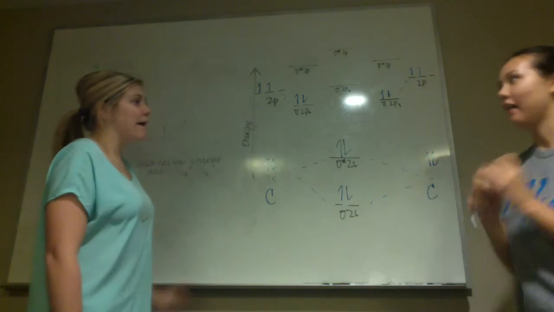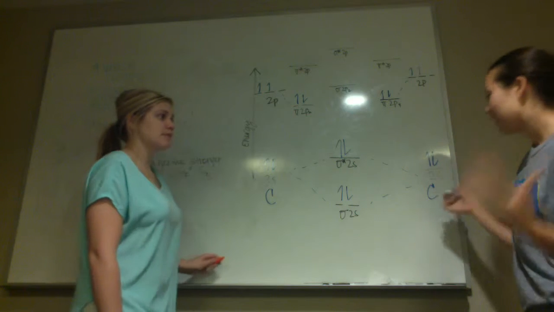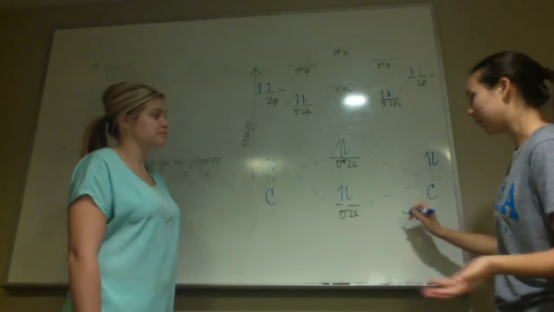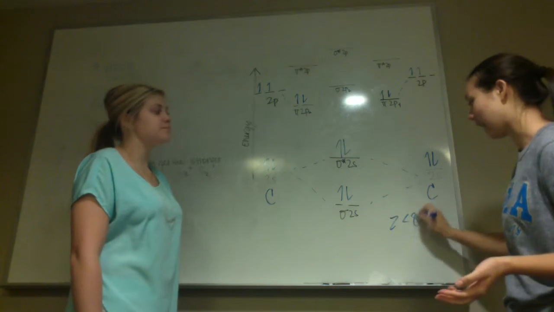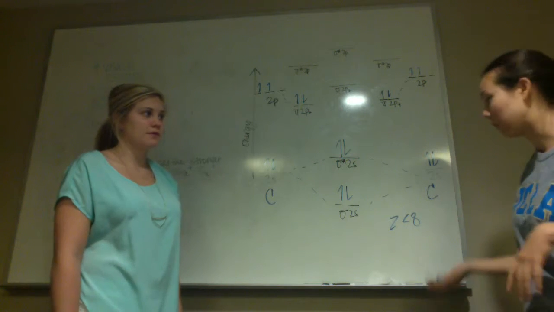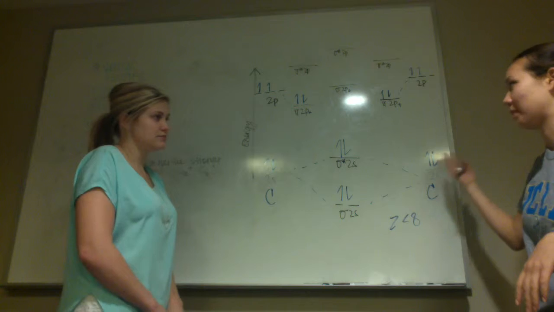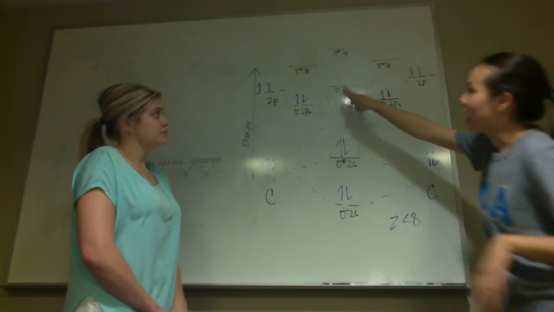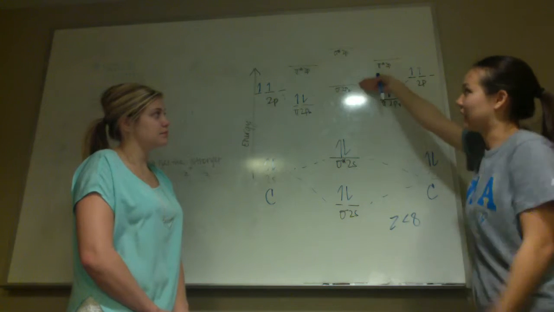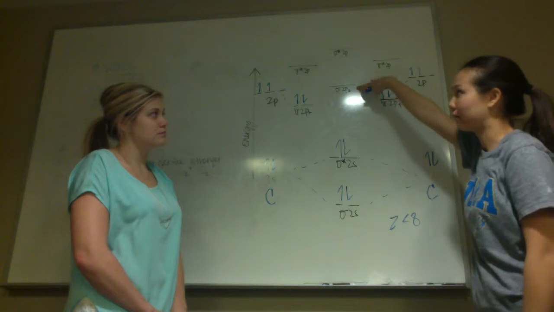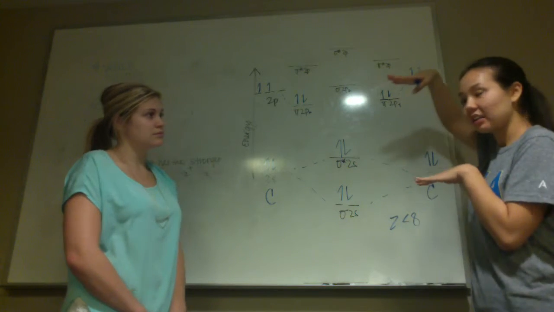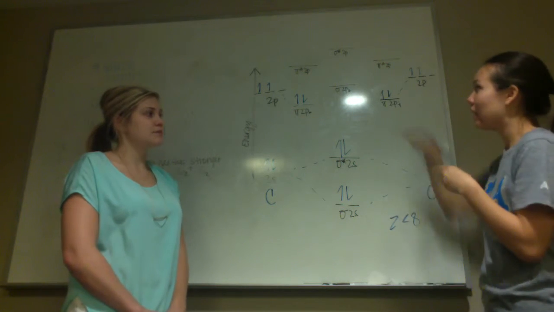Also, just to clarify, in carbon's case, Z is less than 8, which is another standard rule. Z is the atomic number, and because the atomic number is less than 8, that makes the sigma 2p orbital at a higher energy level than it would normally be.